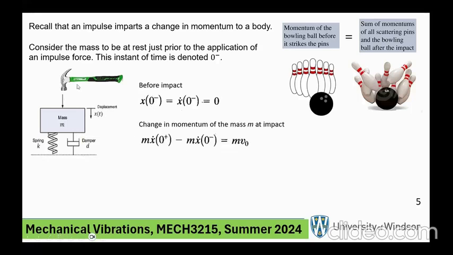after we hit it, the change in momentum of this block will start moving, right? After we hit it with a hammer, it starts moving, and it moves with a velocity immediately when we hit it. It moves with a velocity x dot of 0 plus.